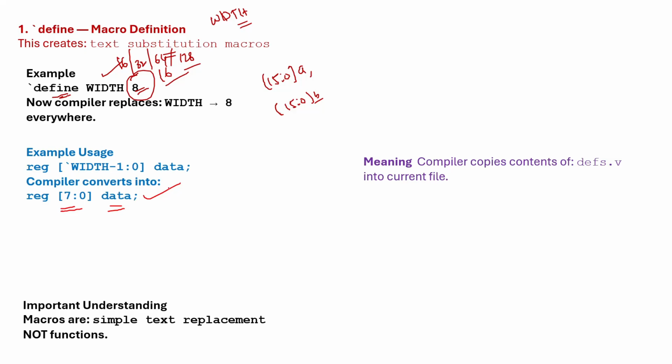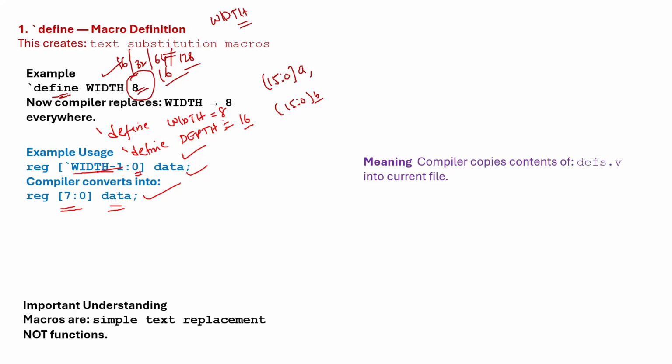But by using compiler directives, I write tick width minus 1 down to 0 data, because I have already defined tick define width, or tick define depth. I have mentioned it already here: width is 8 and depth is 16. Then each and every variable, wherever you are using width and depth, will change automatically. That's what is explained here.